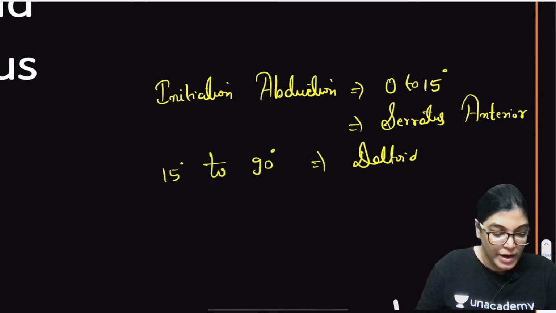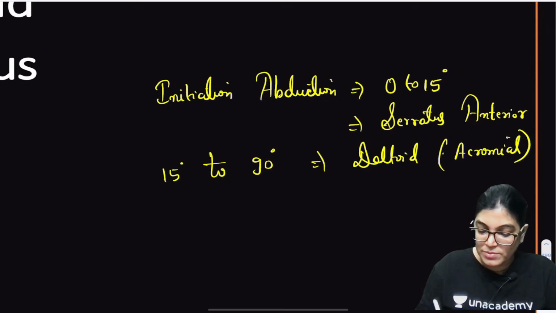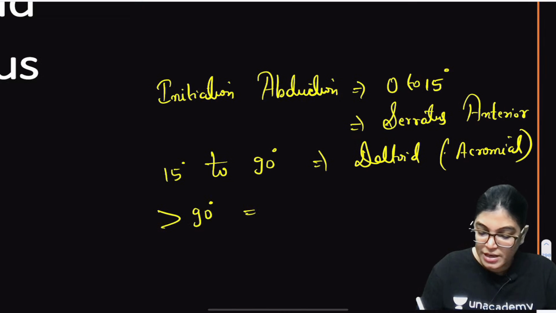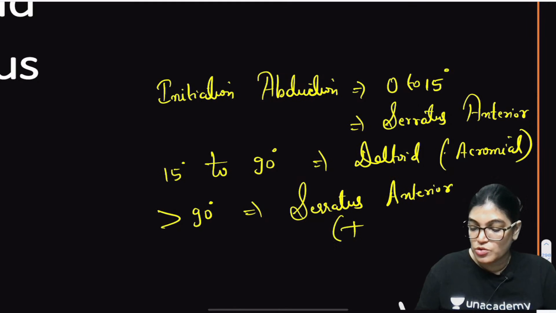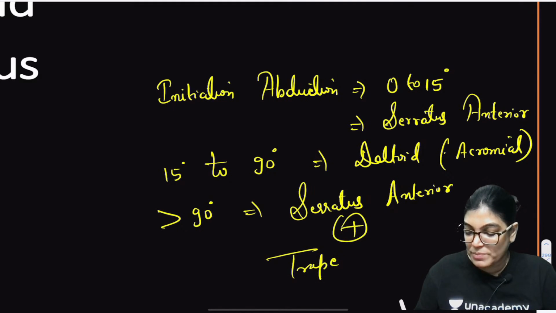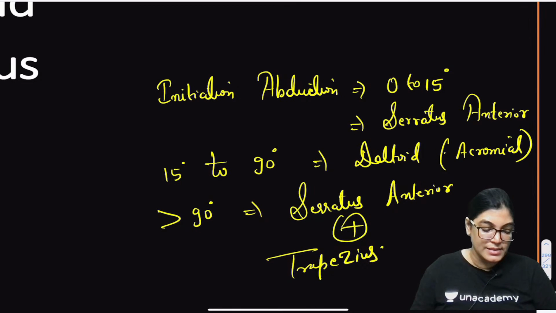Which fibers of deltoid? Acromial fibers, or middle fibers, of deltoid. And greater than 90 degree is done by serratus anterior muscle, that is overhead abduction by serratus anterior muscle, taking contribution also from the upper and lower fibers of trapezius muscle. So these are the right details.